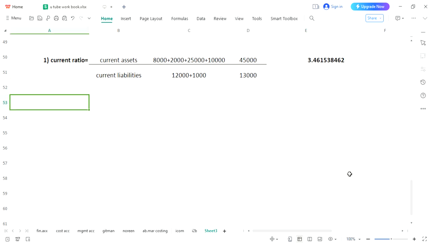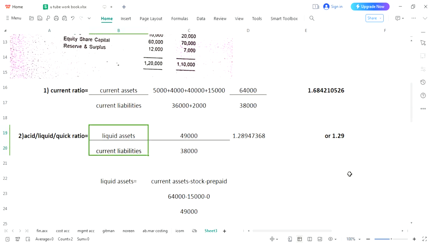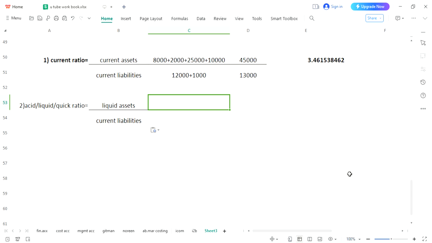Now let's start second part, and we are going to copy it. Instead of writing again and again, here we will put, as you know that difference of current assets and liquid assets is stock.